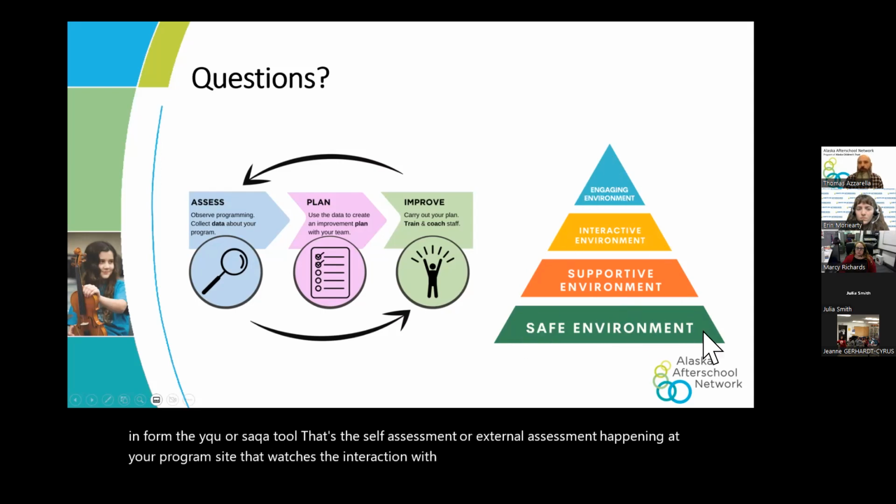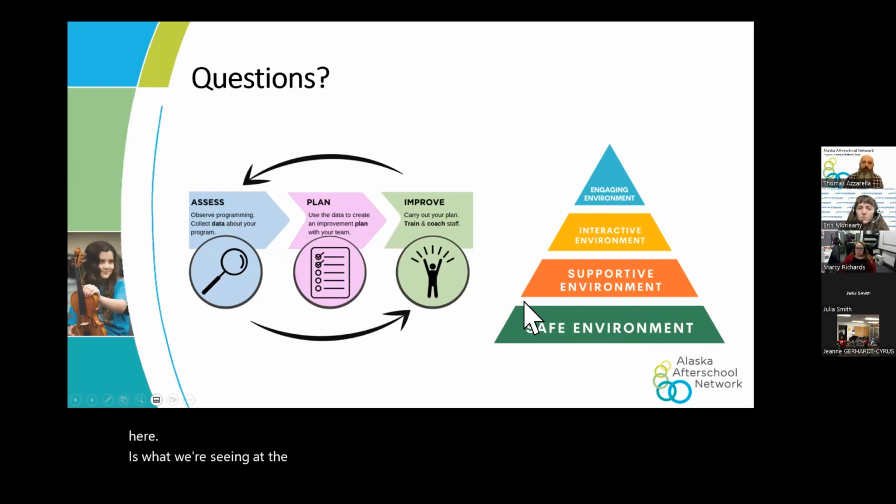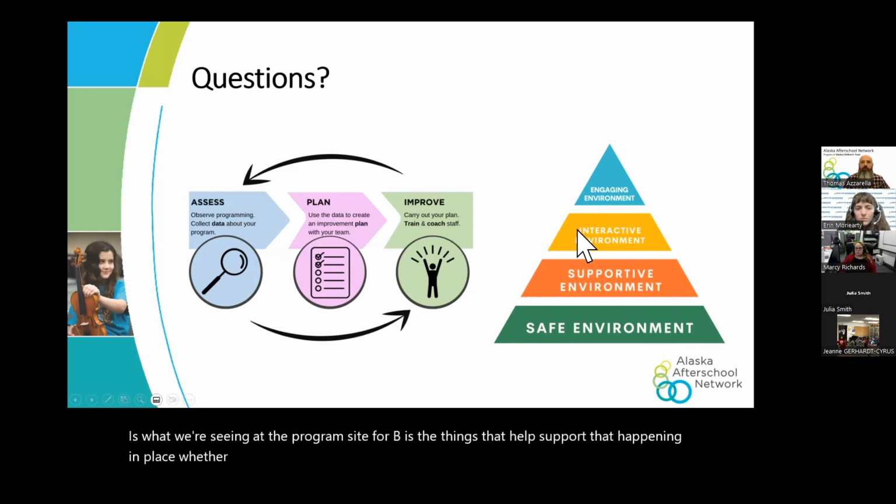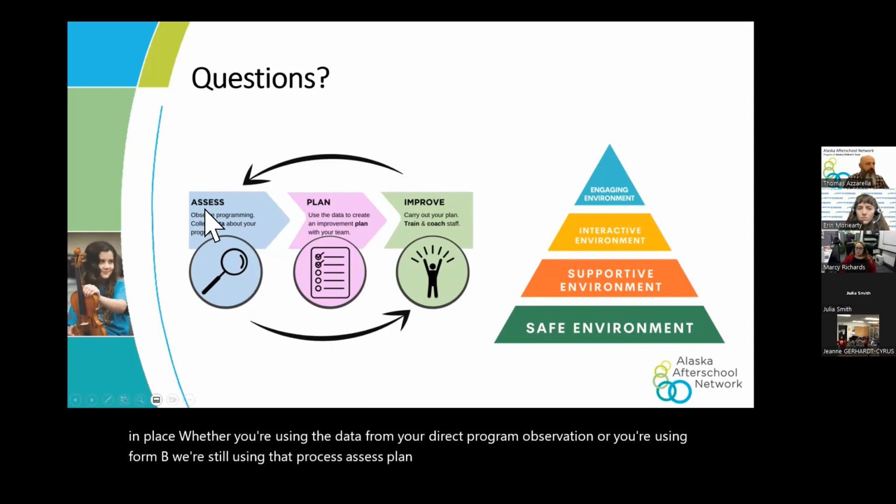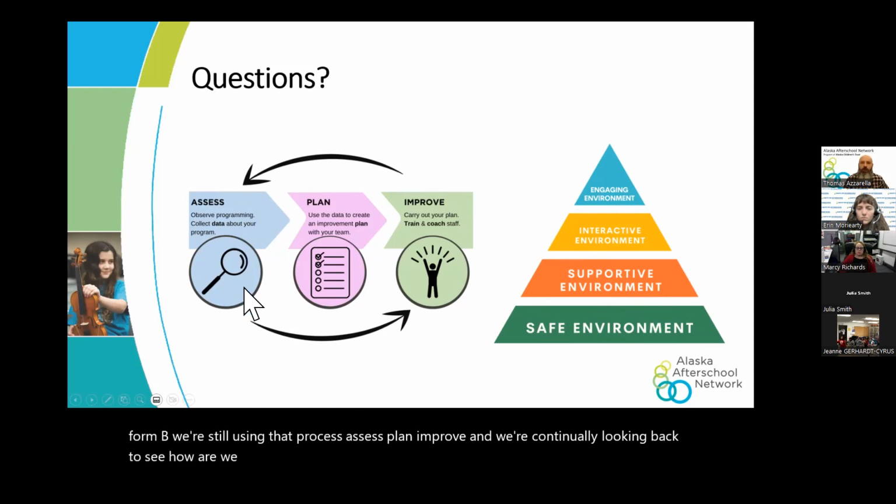So this pyramid here is what we're seeing at the program site. Form B is the things that help support that happening in place. Whether you're using the data from your direct program observation or you're using Form B, we're still using that process, assess, plan, improve, and we're continually looking back to see how we are going and improving that process.